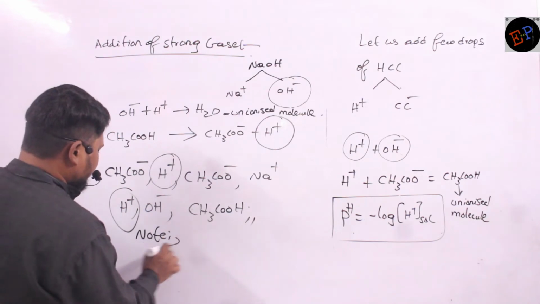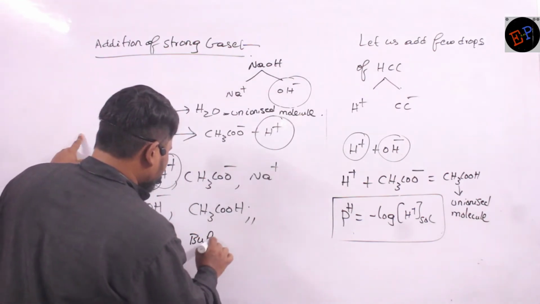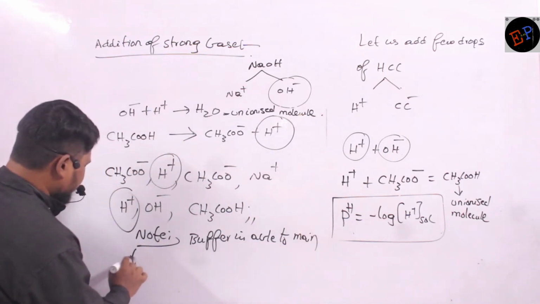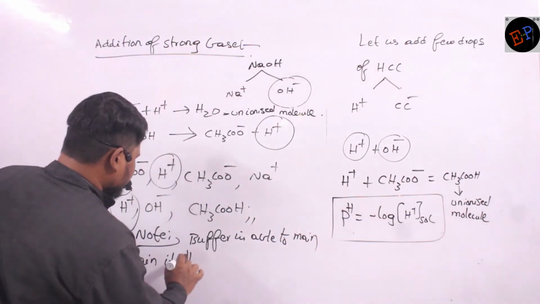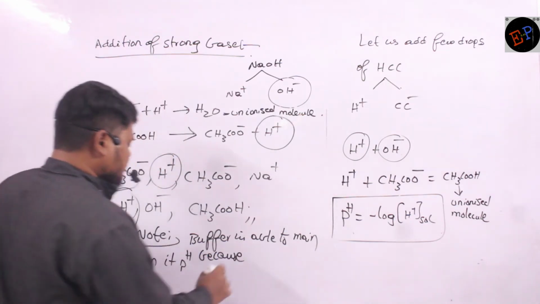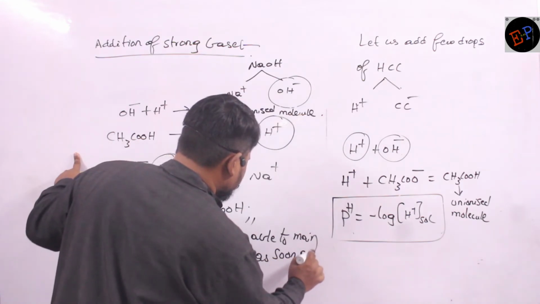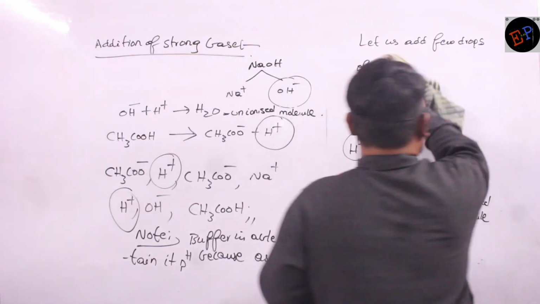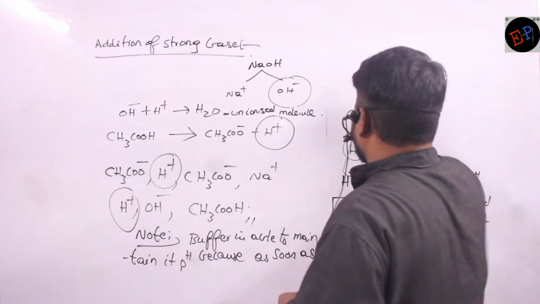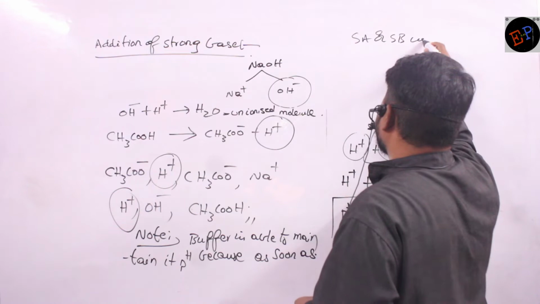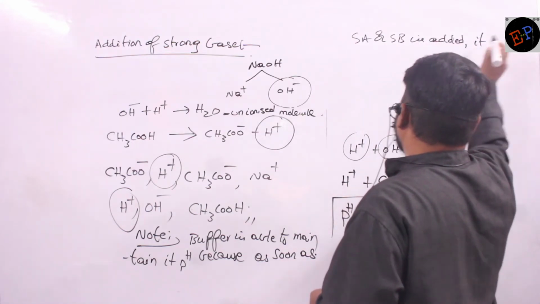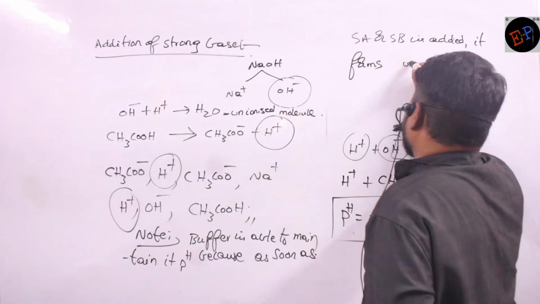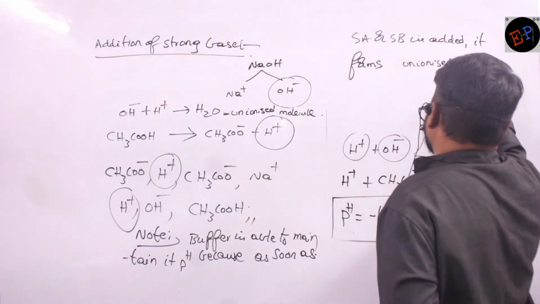So what is the final conclusion we have to draw now? The buffer is able to maintain its pH because as soon as strong acid or strong base is added, it forms unionized molecules.